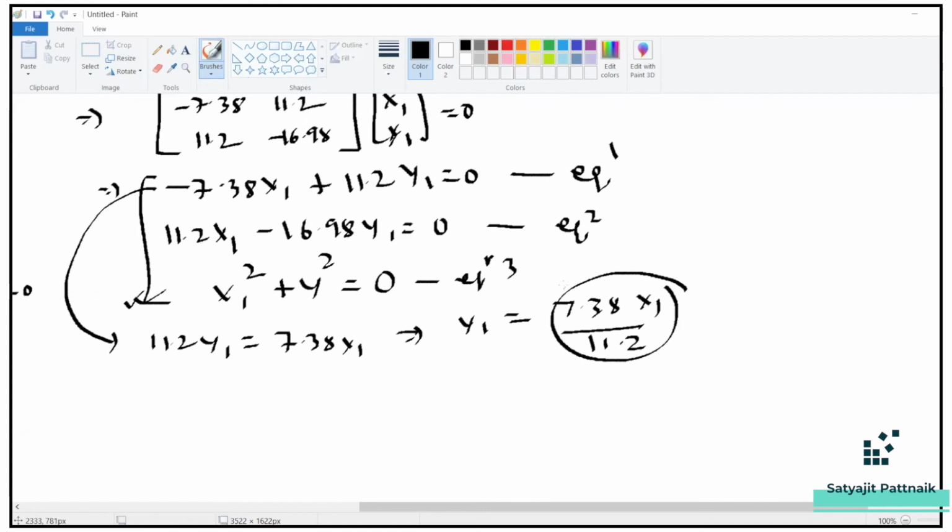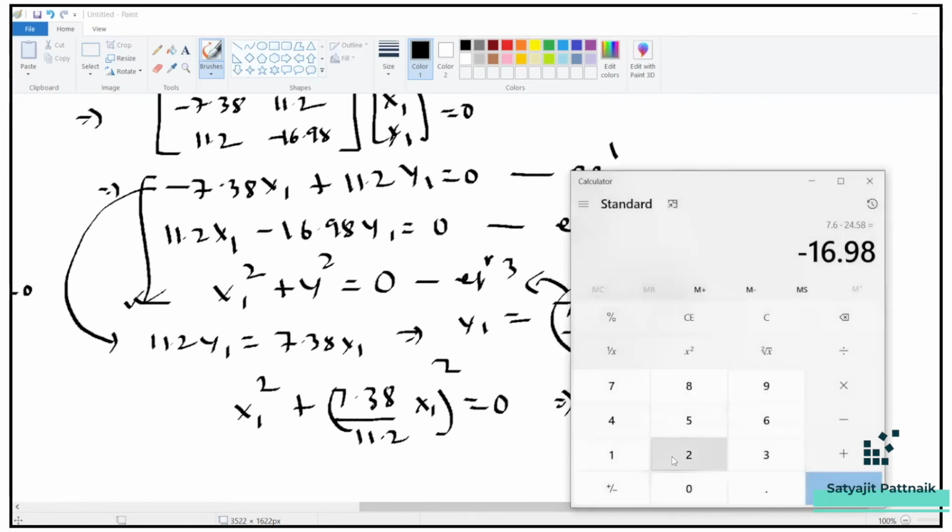So this value I will replace in my equation 3. That means x1 square plus, instead of y, I am writing 7.38 divided by 11.2 x1, squared, equals 0. I'll just solve it. 7.38 divided by 11.2.